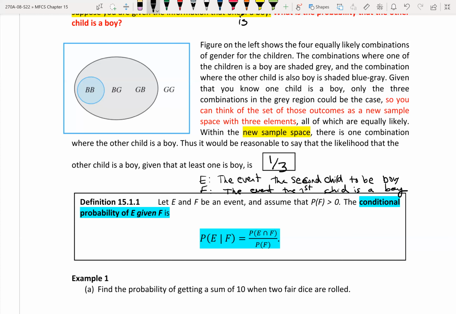The probability of the first child being a boy is 2 out of 4, right? And then the probability of the intersection. So what is the intersection? The first and second.